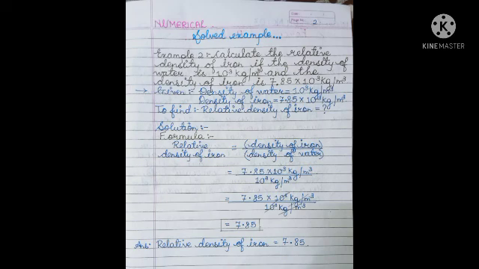And students, we know relative density does not have any unit because both are measured in the same physical quantity. So, the units get cancelled. So, the relative density doesn't have any unit. So, our final answer comes as relative density of iron is equal to 7.85.